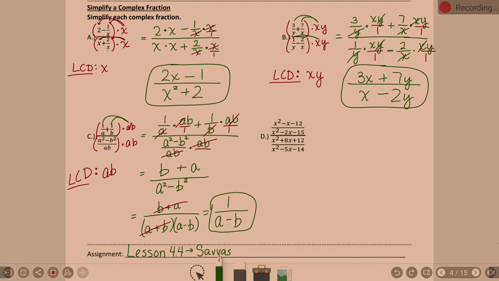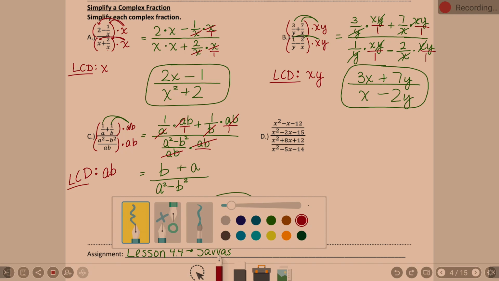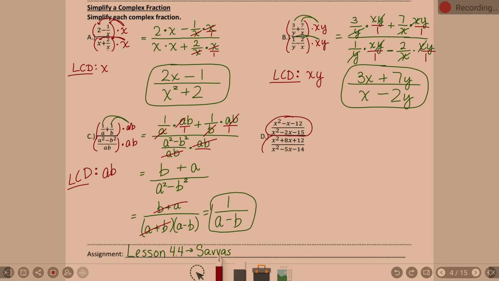Okay, D. You factor both of them first. I'm going to take a step first, but yes, I hope as you look at that, you see a whole bunch of factoring that you can do. Because that's what I need you to see. But why this problem is different from the others, because here's what I see. I see one fraction divided by one other fraction. All these others, it was adding and subtracting. It was a mess in there.